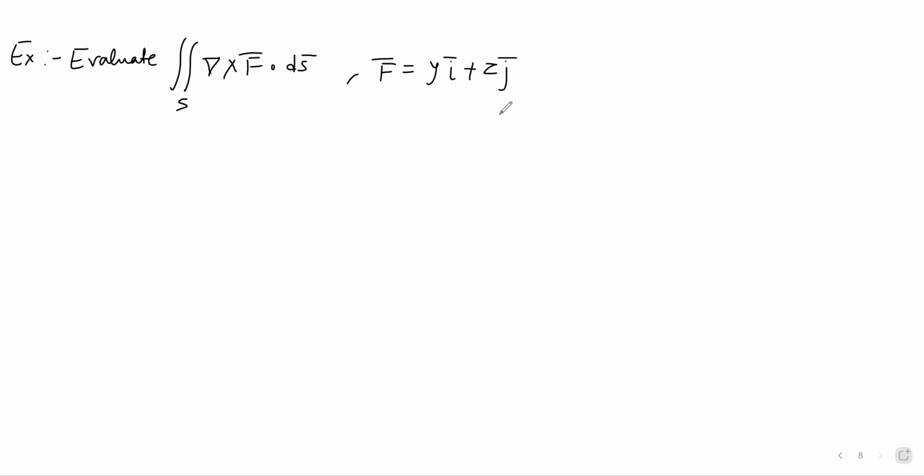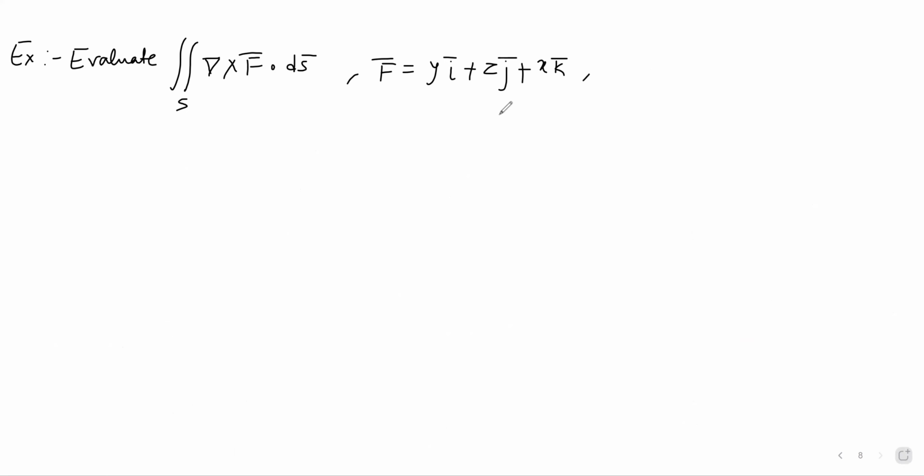Evaluate the double integral of del cross f bar dot ds bar over the surface S, where f bar is y i bar plus z j bar plus x k bar.